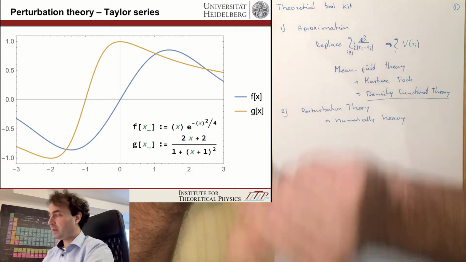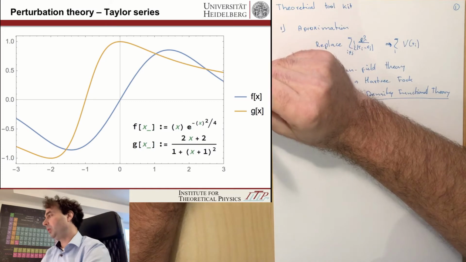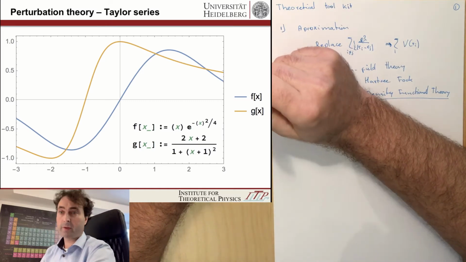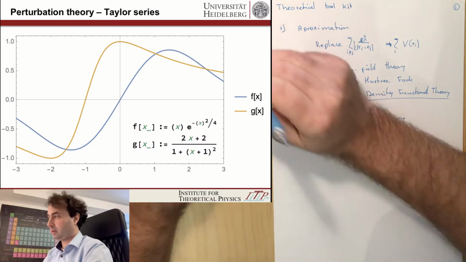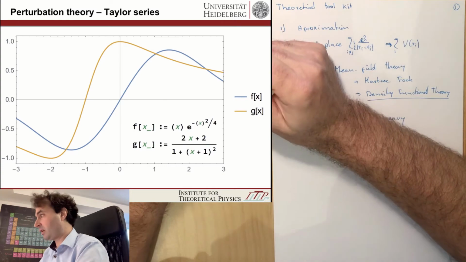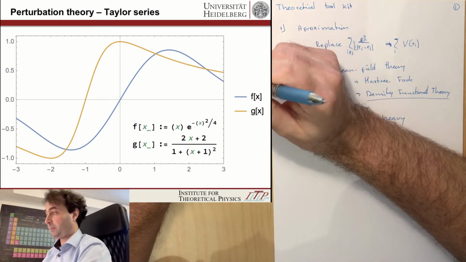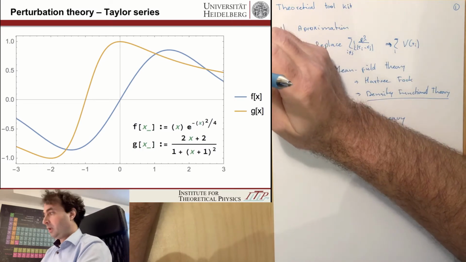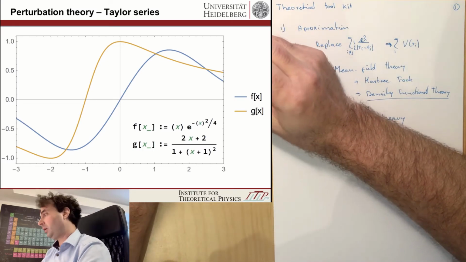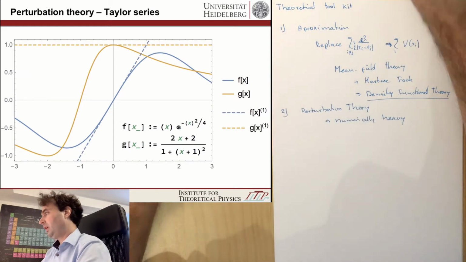What we see here are two functions, f of x in blue and g of x in orange. They're smooth functions, infinitely differentiable. On the real axis everything is very fine, they nicely converge, they go to 0 for large x, all well behaved. We can now make a Taylor series expansion at the point x equals 0.